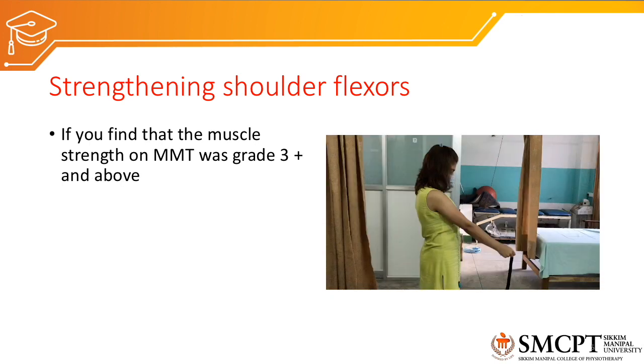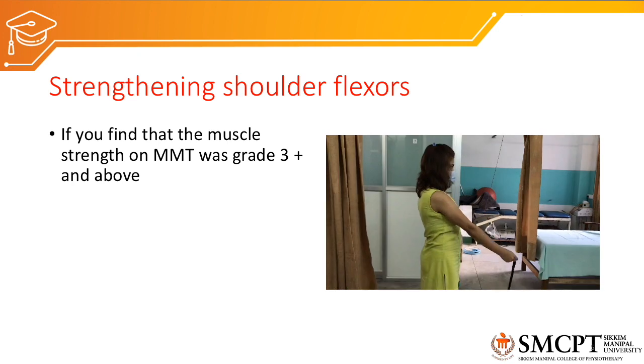Once we find that the muscle grade is 3 plus, we can apply resistance such as TheraBand, dumbbells, free weights or weight cuffs. We apply weight cuffs when the patient is not able to hold or grip the weights, that is, when the patient doesn't have sufficient grip strength.